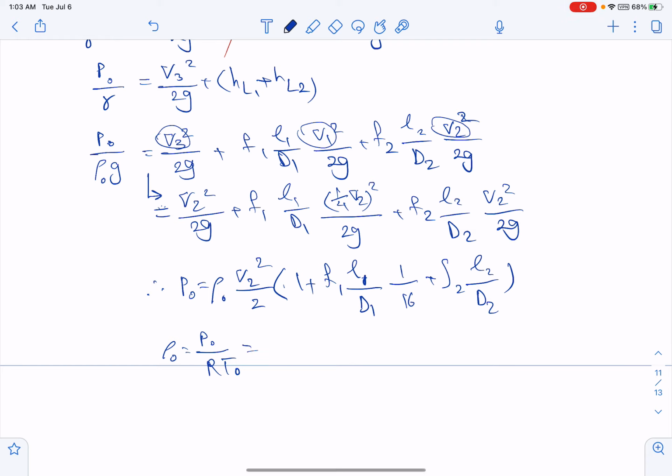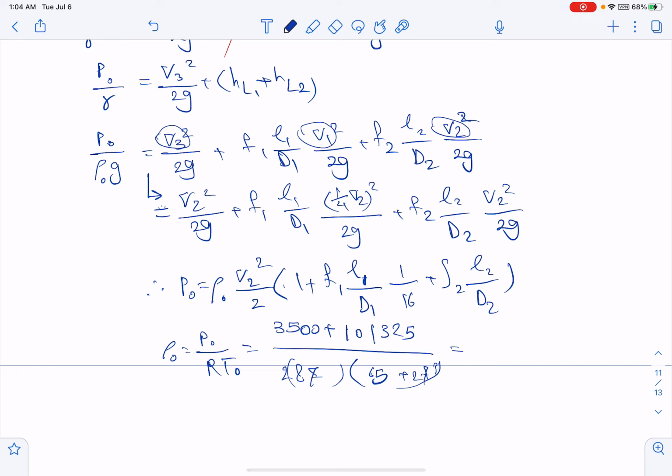If we put in all the values, with 101325 pascals and R equal to 287 times the temperature, this is what you get for rho 0.